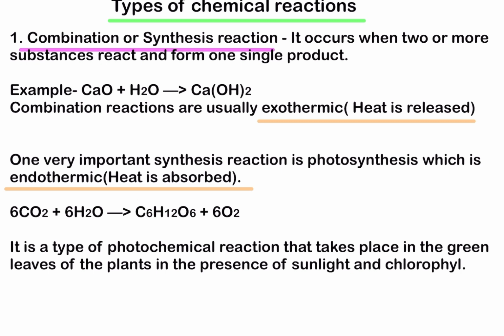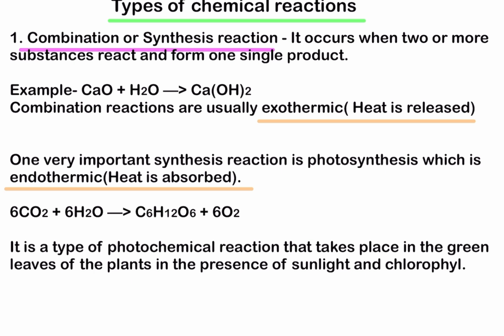One very important synthesis reaction is photosynthesis, which is endothermic. Heat is absorbed, so it is unlike the exothermic reaction. For example, carbon dioxide plus water will give you C6H12O6 plus oxygen. That means it will give you starch.